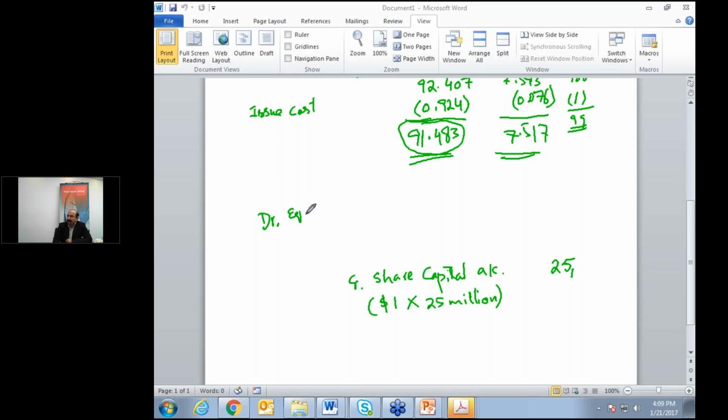Debit will be your equity reserve, which is the equity account, plus debit will be your financial debt account, financial liability account.